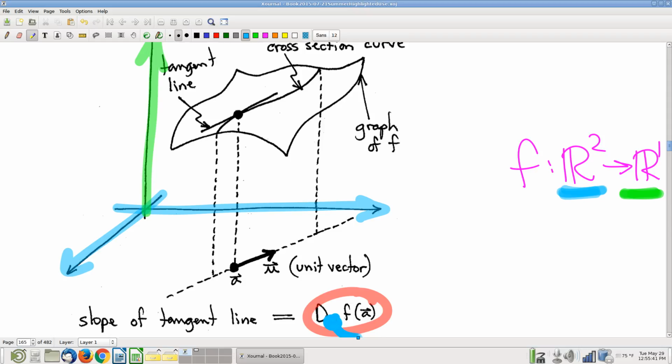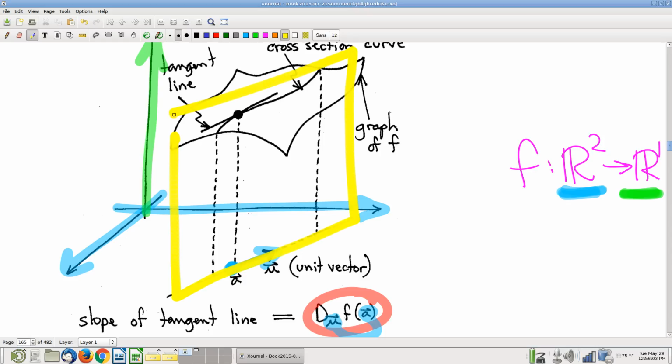U and A are in the domain. There's A, there's U. And what this says then is, as if you're at that point moving in that direction, thus defining that plane.